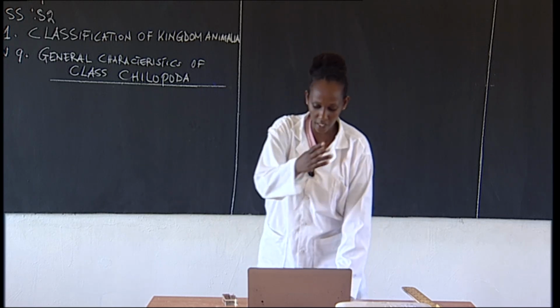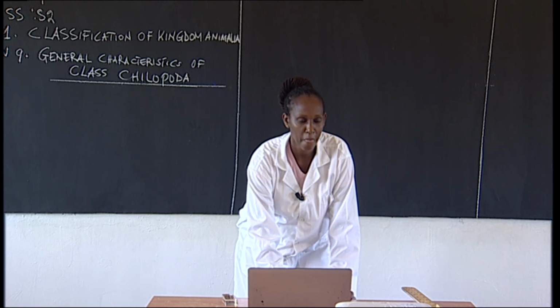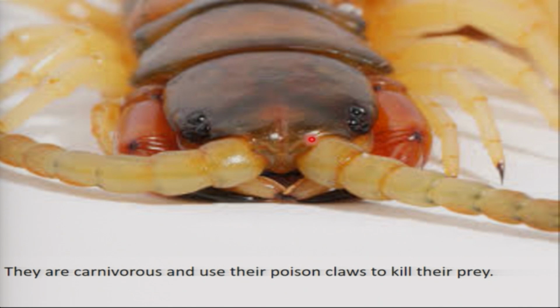Good. So here on the screen, this is a predator. To kill its prey or to get what to eat, it has a certain adaptation. It has something that helps it. That is the presence of poisonous claws. These ones are very poisonous. They possess venom.